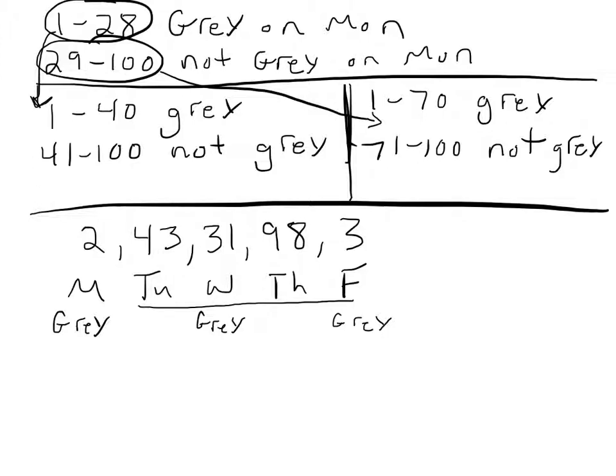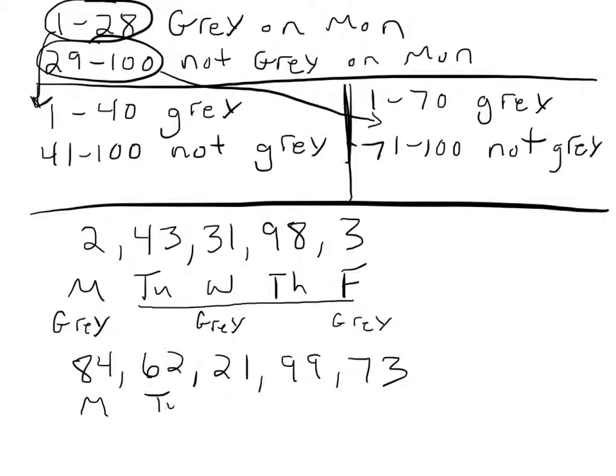So let's look at another trial. I got 84, 62, 21, 99, 73. I'll label Monday, Tuesday, Wednesday, Thursday, Friday. On Monday, I did not wear a gray suit because I got an 84.